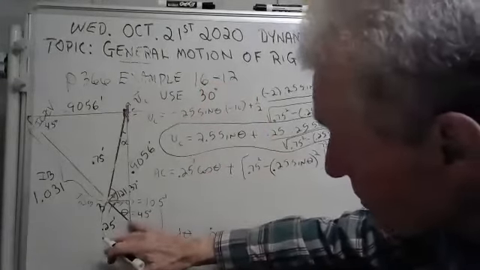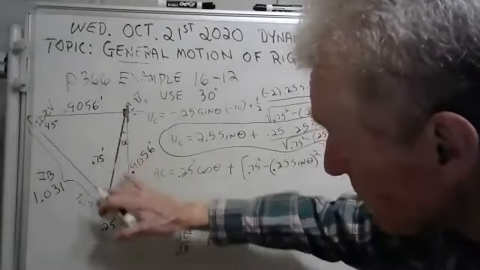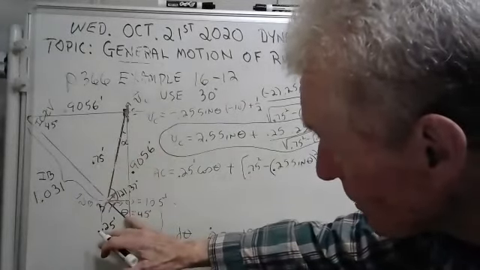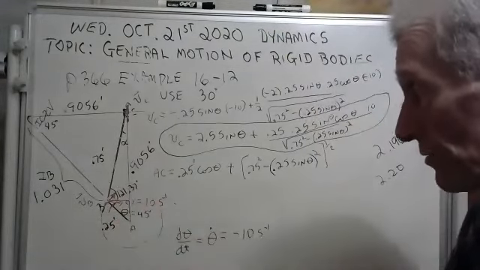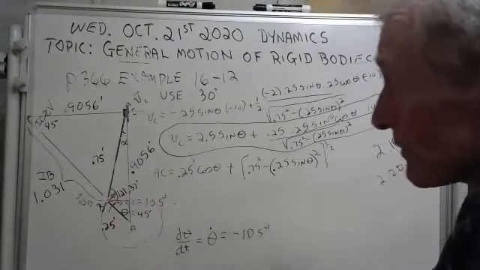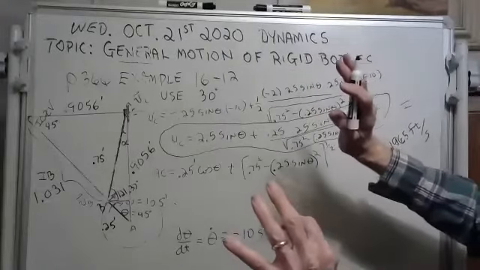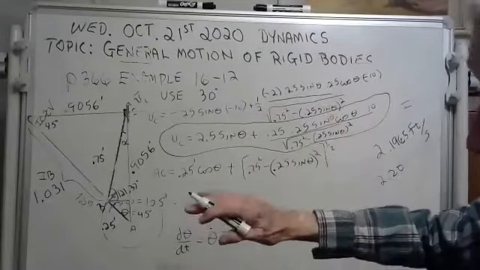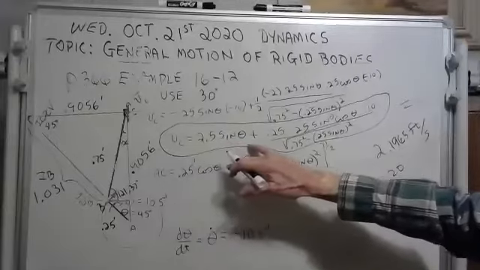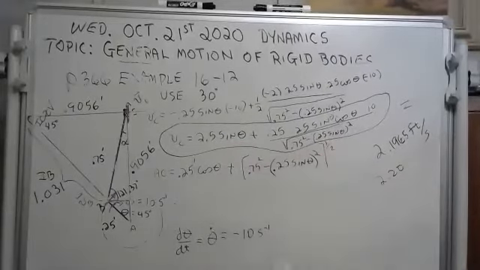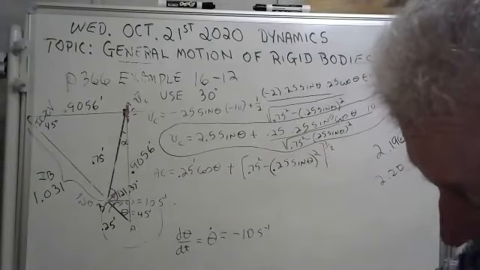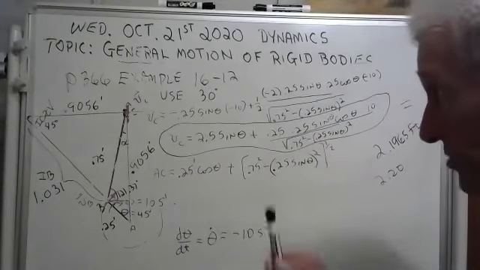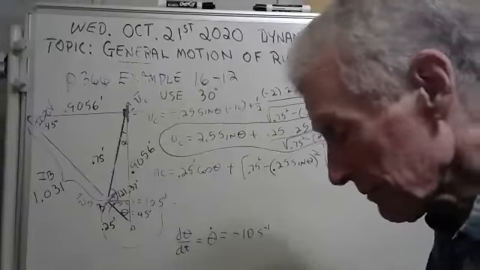So when you draw your diagram, make that angle 30 degrees. See, that's 45 degrees. Draw it with 30 degrees. Do everything exactly like we did. Now, the beauty is this equation's still good. This equation's good for any angle. So when you get through, you can check it and make sure you're right.